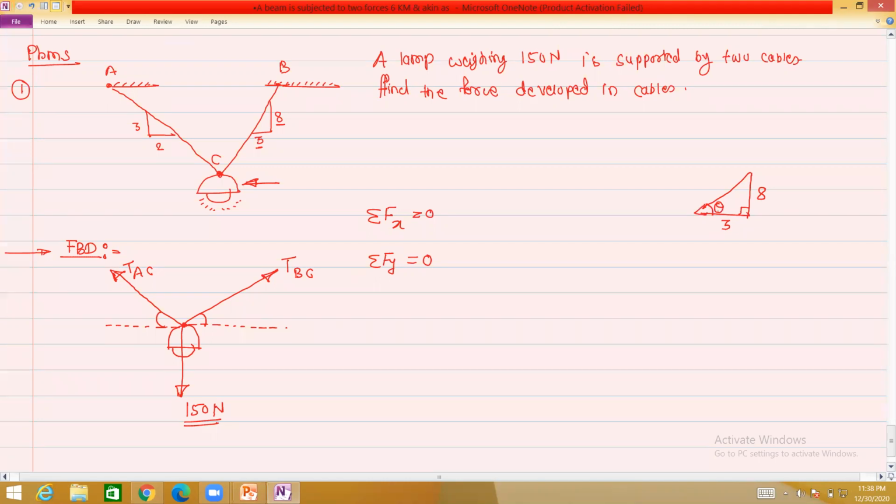We are interested in this angle. Suppose this is theta. We can find this theta by using tan theta equal to the opposite side, that is 8, divided by the adjacent side, that is 3. So theta is equal to tan inverse of 8 upon 3.